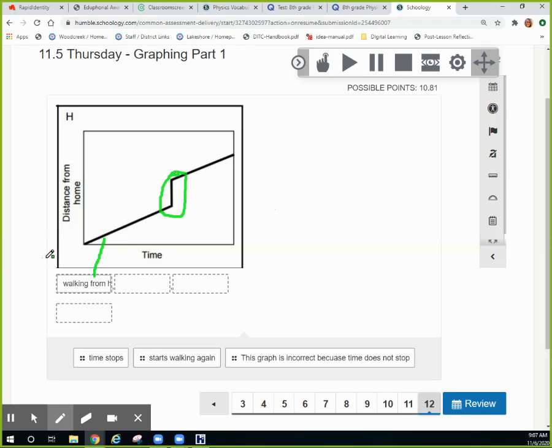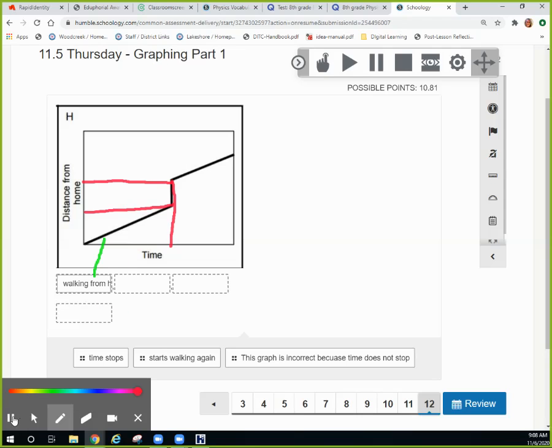What's happening there? Time stopped. So at this point in time, time stopped increasing, but distance didn't. It's saying that this person is here and here at the same time.